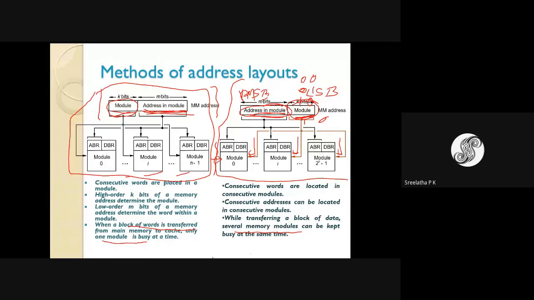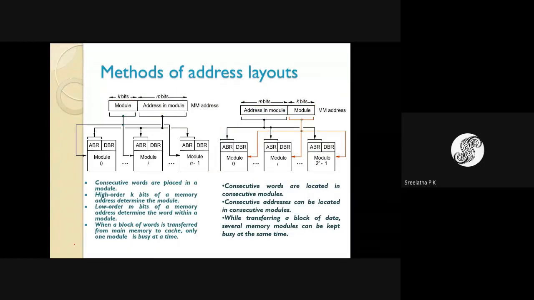Once again I will erase the lines. You can see the difference. The bits indicating the module come on the lower side here. So by just changing the last bits, you are able to access all different modules at the same time for the same address.